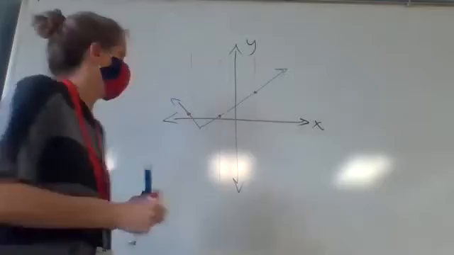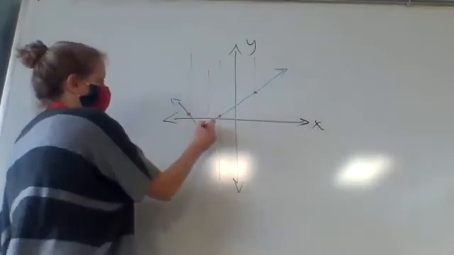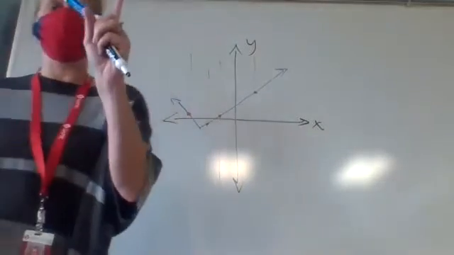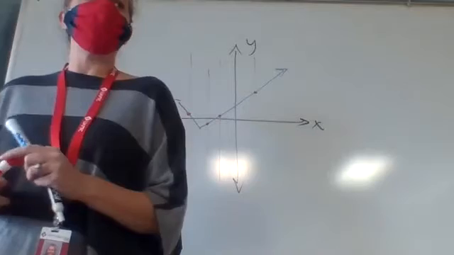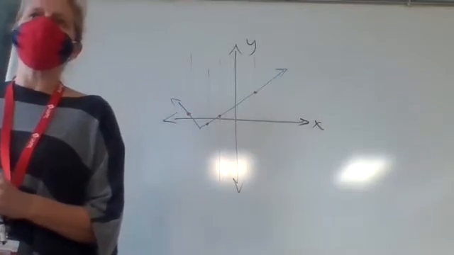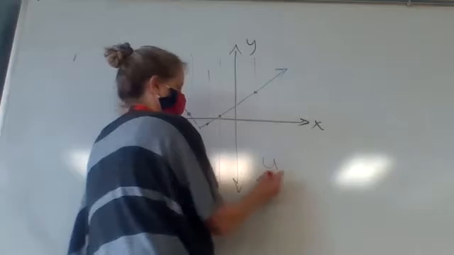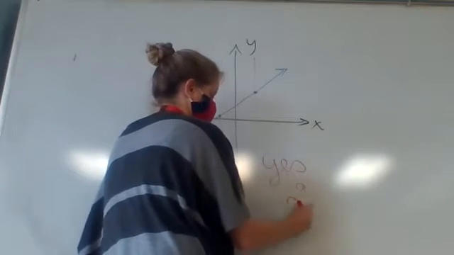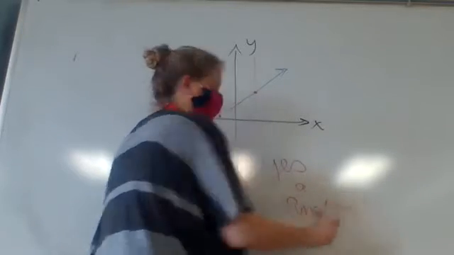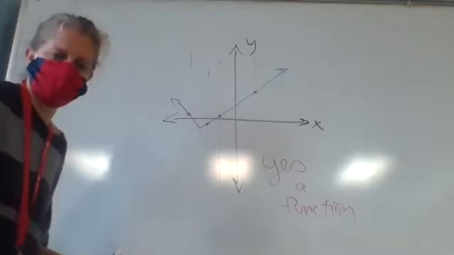No. It doesn't matter where I put a vertical line. It can only touch the blue shape one time. That makes it a function, because I can't ever touch it more than once with a vertical line. So that's what makes it a function.